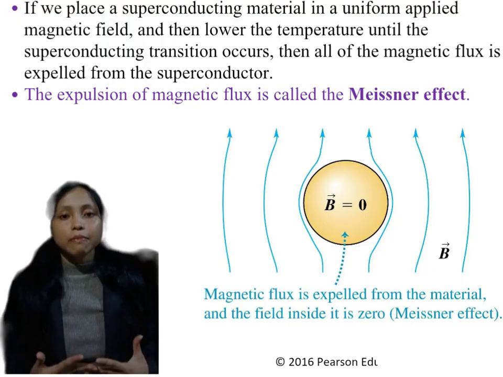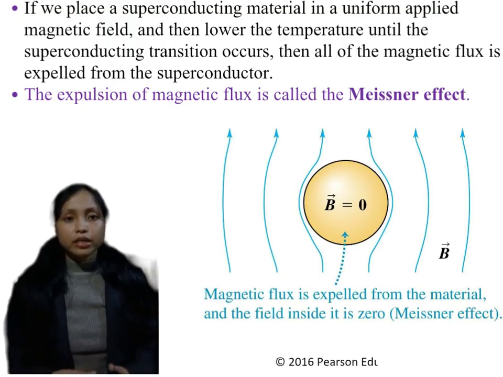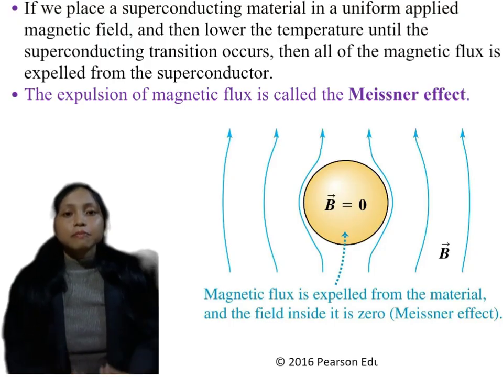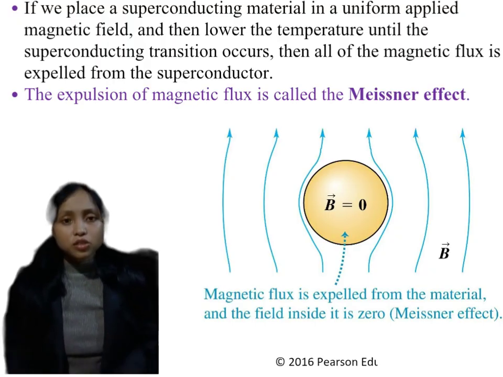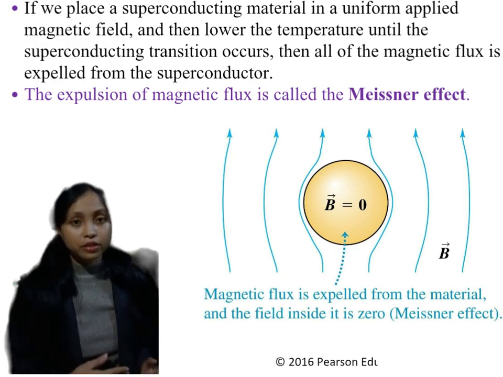Physically, this happens because surface currents form on the superconductor. These currents create their own magnetic field that exactly cancels the applied magnetic field inside the material. As a result, magnetic field lines bend around the superconductor as shown in the figure.